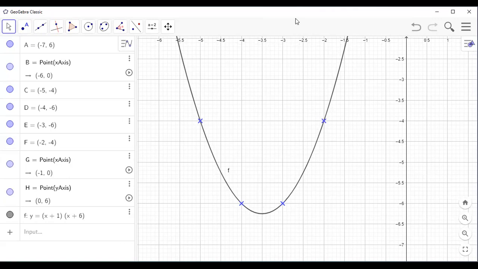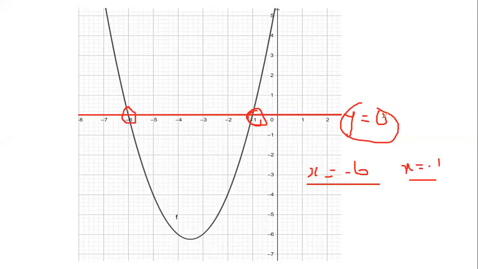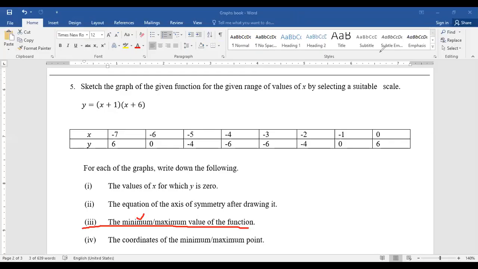So that is how. Next, when y equals 0, the y equals 0 line and the curve intersect at this point, that is x equals negative 6, and this point, that is x equals negative 1, right? Those are the x-intercepts, right? So to find the minimum value of the function, right?